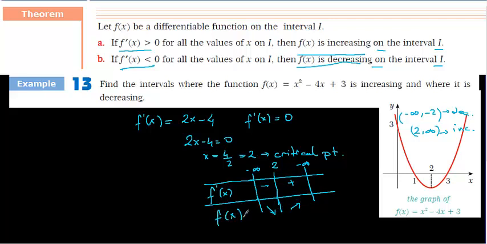So f(x) is decreasing between minus infinity and 2, and between 2 and plus infinity the function is increasing.